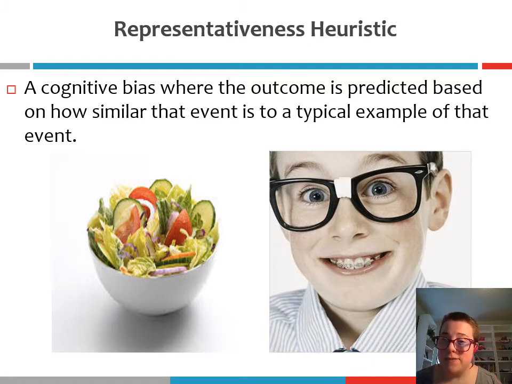So a lot of us, for example, decide to eat healthier, right? When we're deciding to eat healthier, we might choose foods based on how similar they appear to be to other healthy foods, right? So for example, fast food restaurants kind of capitalize on this.